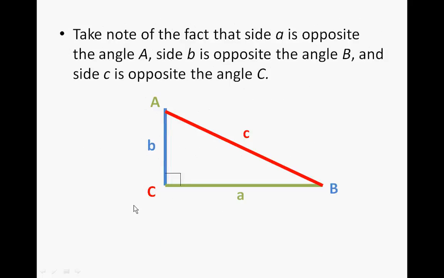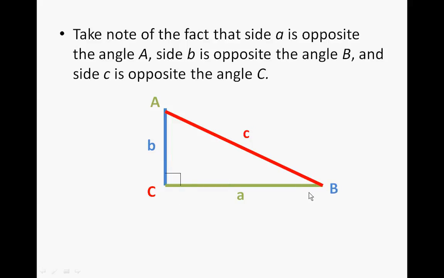One thing we want to point out is angle A actually corresponds to side a, and it's on the opposite side. It's kind of like the remote side, if you want to call it that. If angle C is the right angle, which typically is what it is, then the hypotenuse is the farthest side away from angle C, and that is lowercase c.